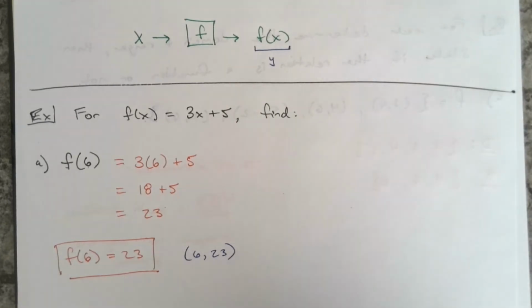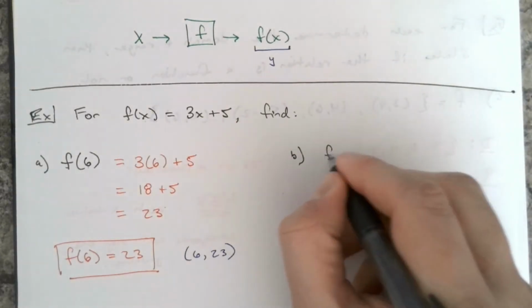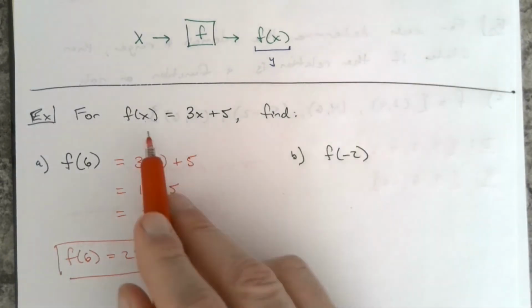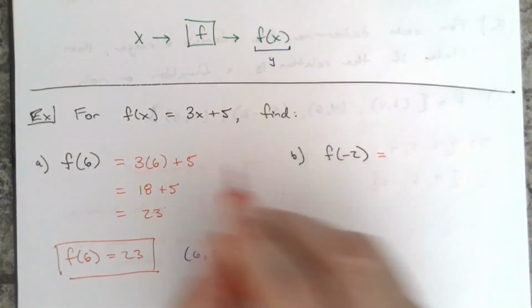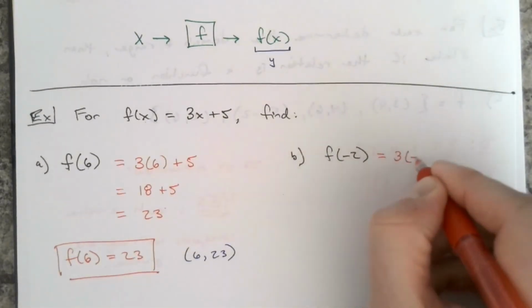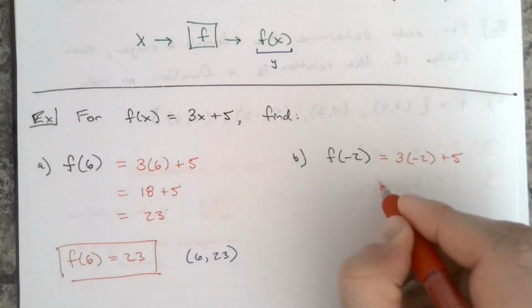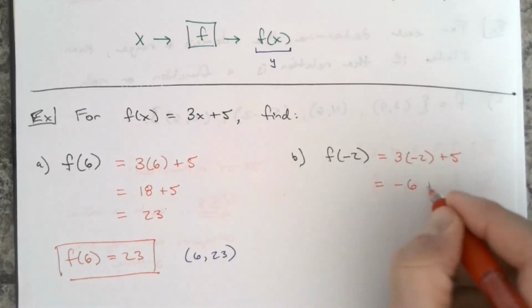Let's take a look at another one for this, just to make sure we got it. If I said I had f of negative 2, well, that means substitute in negative 2 for every x value you see in the original function. So f of negative 2 is equal to 3 times negative 2, make sure you put the parentheses there, plus 5. 3 times negative 2 is negative 6, plus 5.